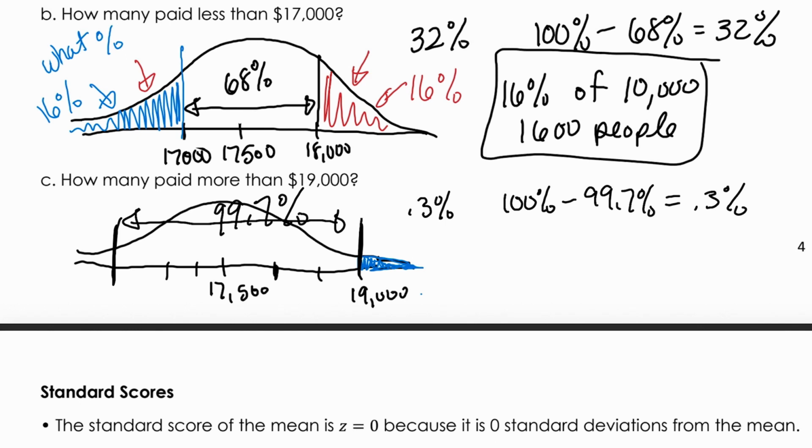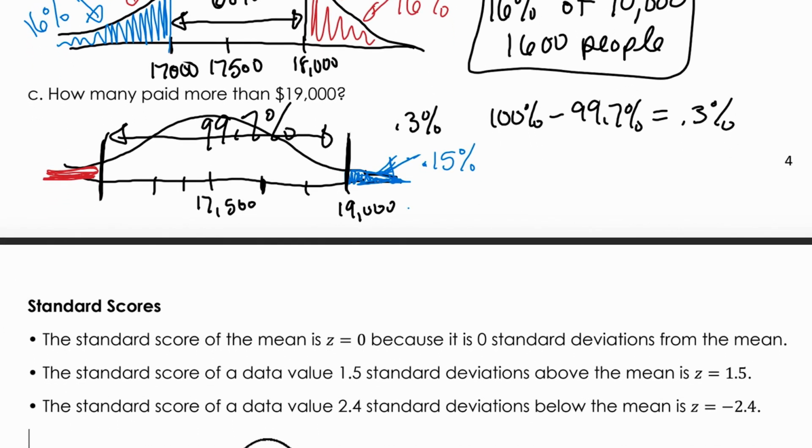So I know those two tails in either direction, the tail to the left and the tail to the right should add up to 0.3%. But since I'm only looking at the top highest tail, this tail here, I got to split 0.3% into 2. So I know that this little tail right here covers 0.15% of the people that bought this car.